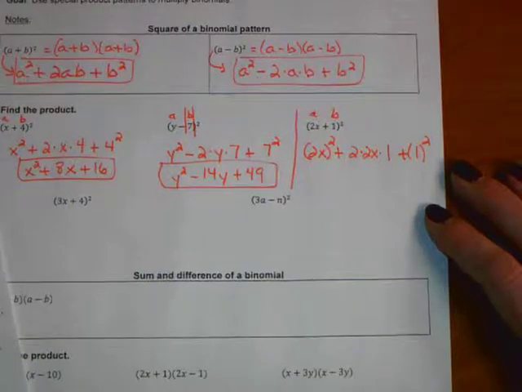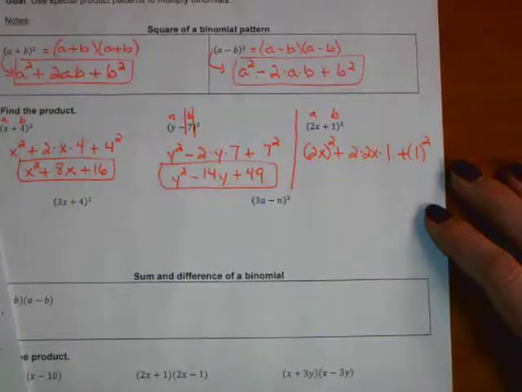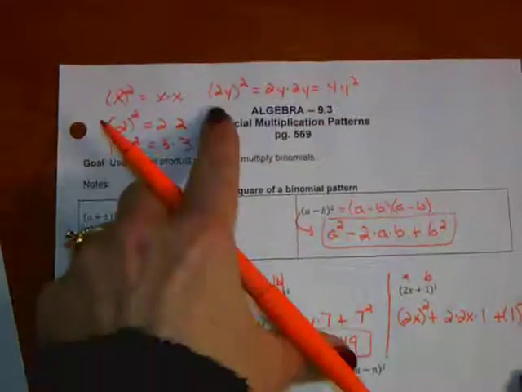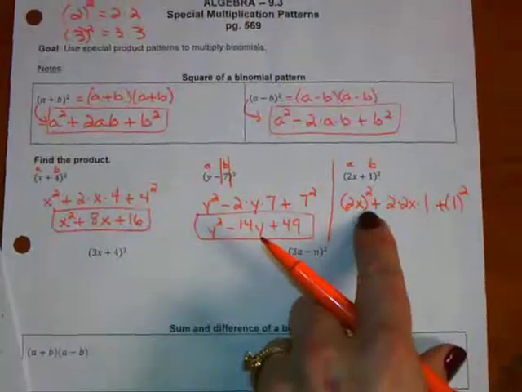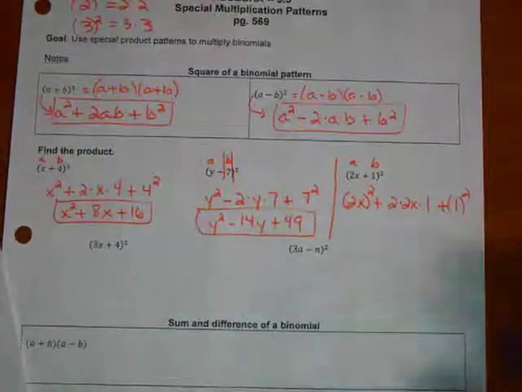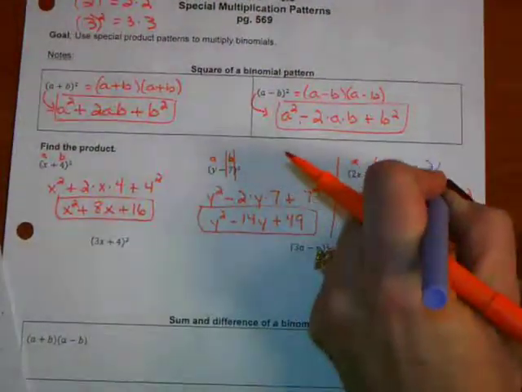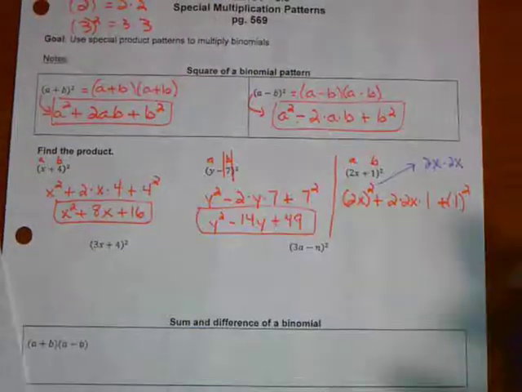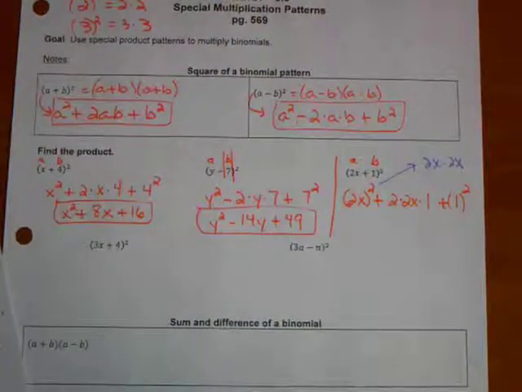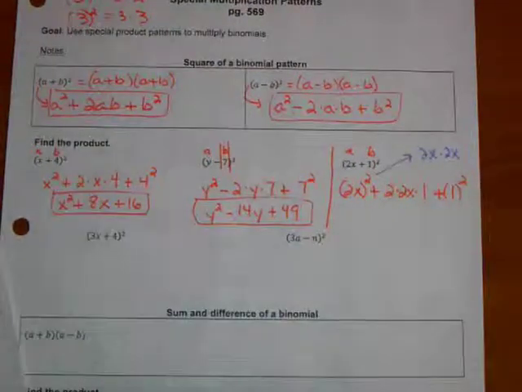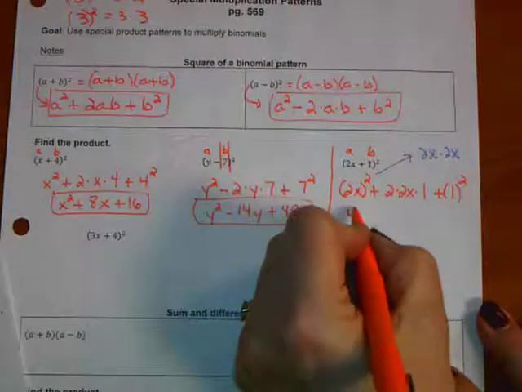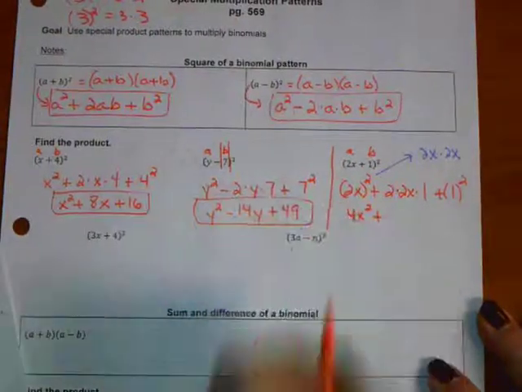But okay, now be careful. This is why I talked about this. What does 2x squared actually mean? It means 2x times 2x, right? So when you do that, what do you get? 4x squared. So to make this term simplified or pretty, it would actually be 4x squared.